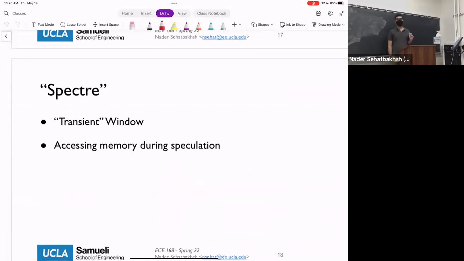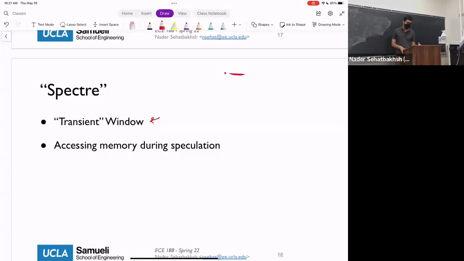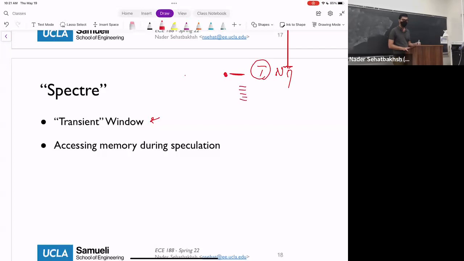To understand how the attack works, I'm going to show you, with one example on the next slide, two concepts that you need to understand. The first one I already discussed. When we have a branch and we don't know whether it is going to be taken or not taken, we usually make a guess that it is going to be taken, and start executing the taken path.